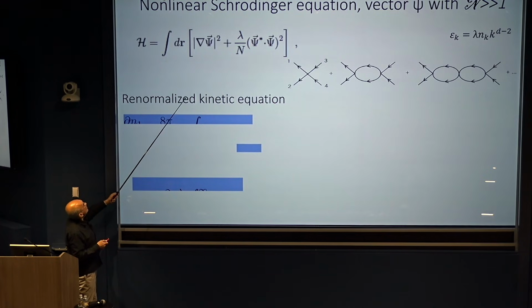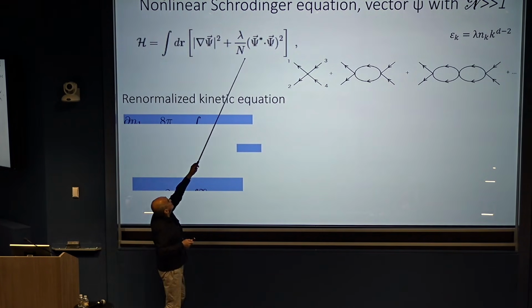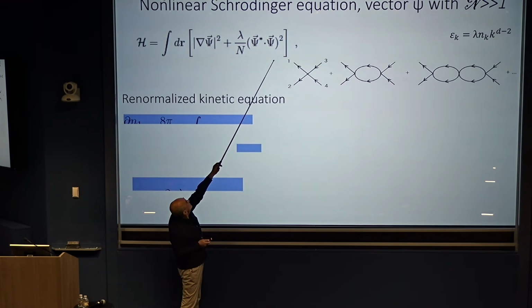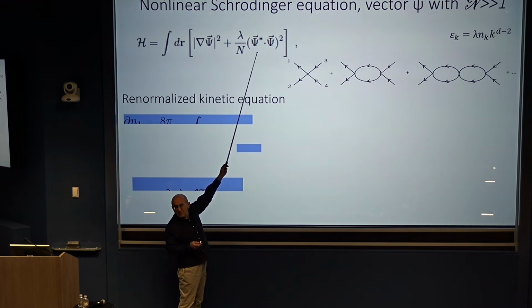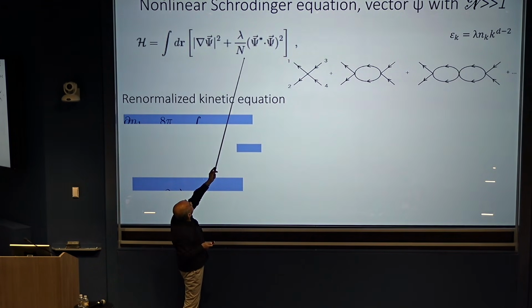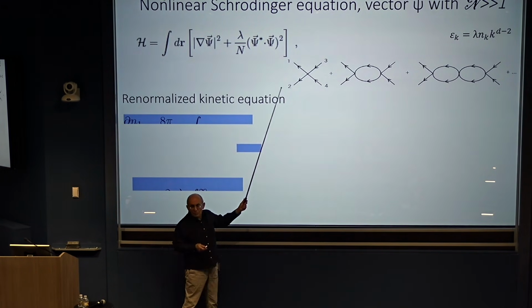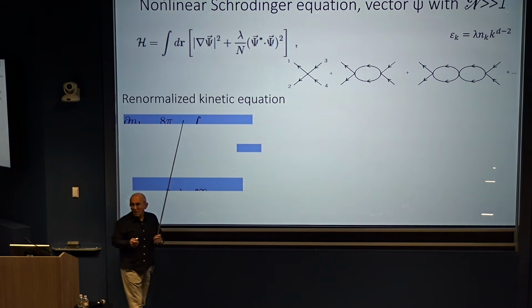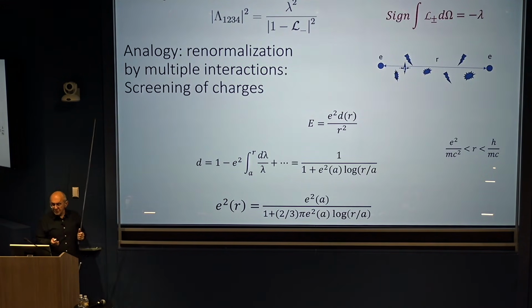You do it by assuming that your psi is a vector. Like in cold atom experiments, you can have different sorts of particles and, let's say, different spin configurations of your cold atoms. You assume that this n is very large, and then you can actually compute to all orders.